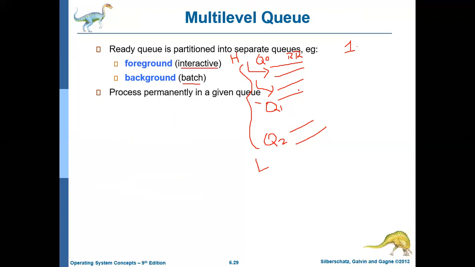Similarly, the jobs in Q2 will be executed only if there are no jobs in Q0 and Q1. So this is one way of scheduling.